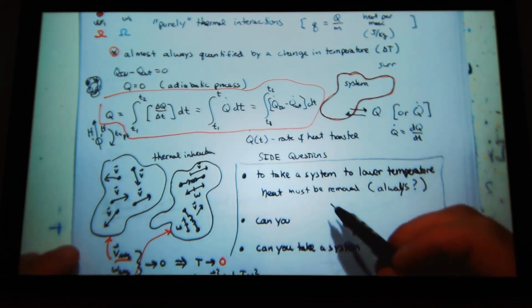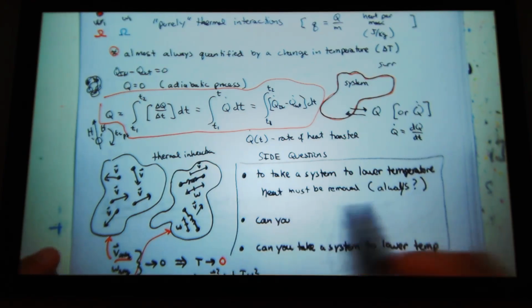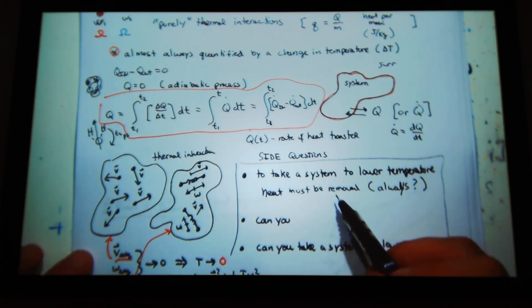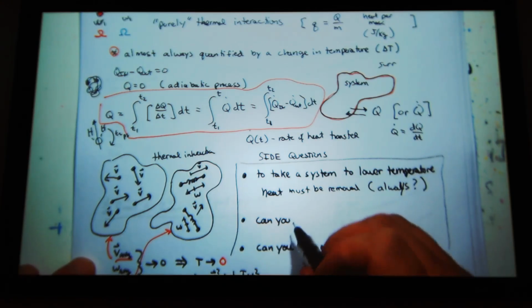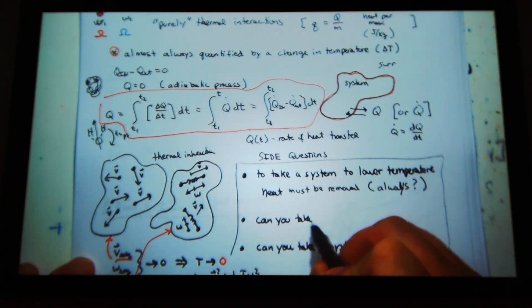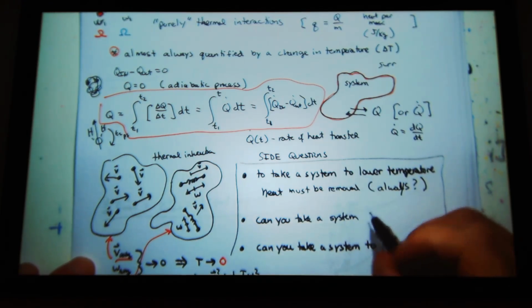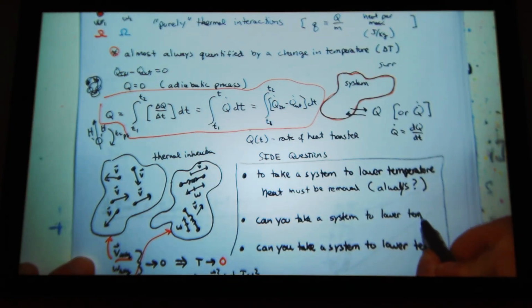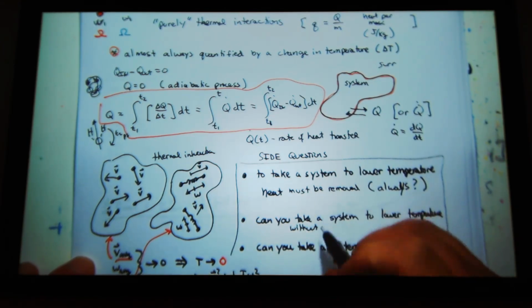You should be able to answer this, where you know for sure, before the quiz. Can you take a system to lower temperature without removing heat?